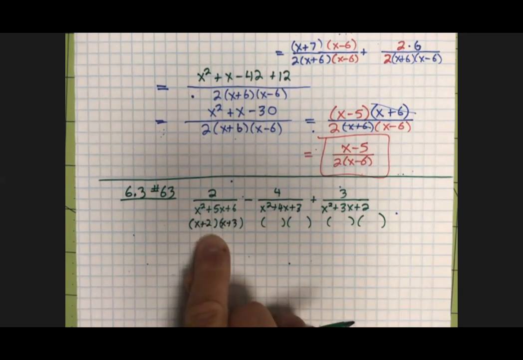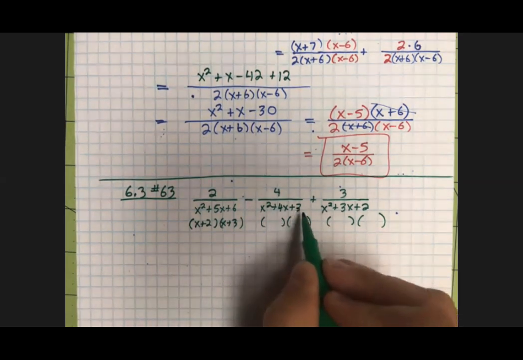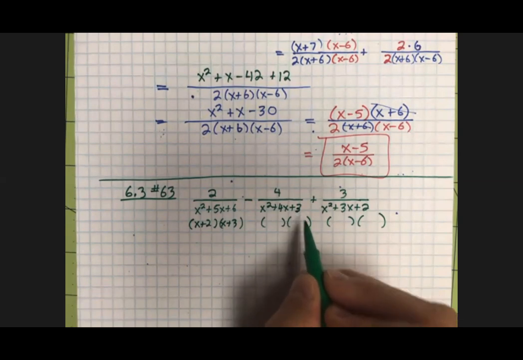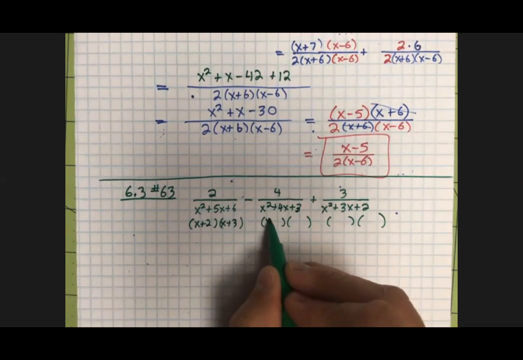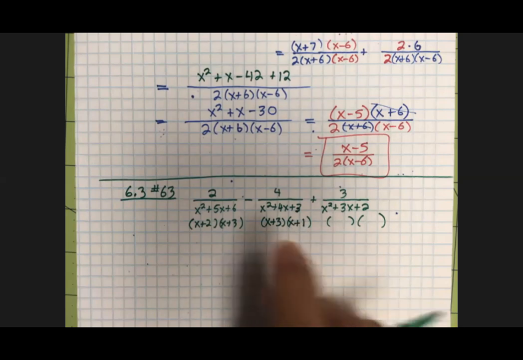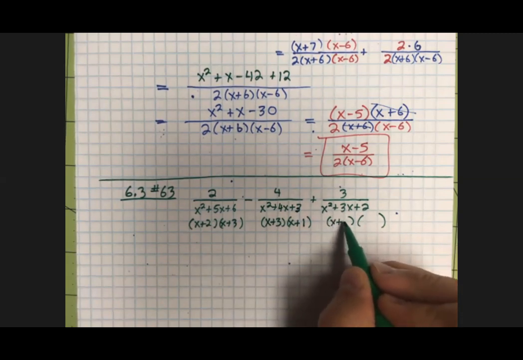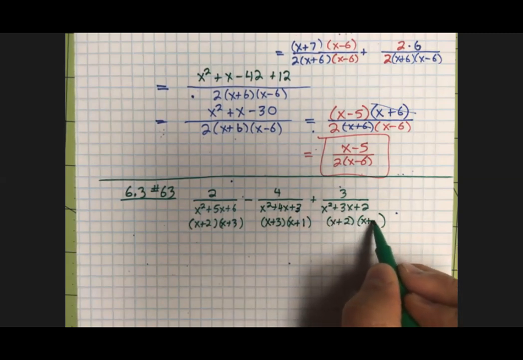That's the first one. I'm writing a little bit small because I know this problem's going to be a little bit longer. I'm trying to cram it in on this paper. I shouldn't always do that. X plus 3, x plus 1. That one factors. And here's x plus 2, x plus 1.